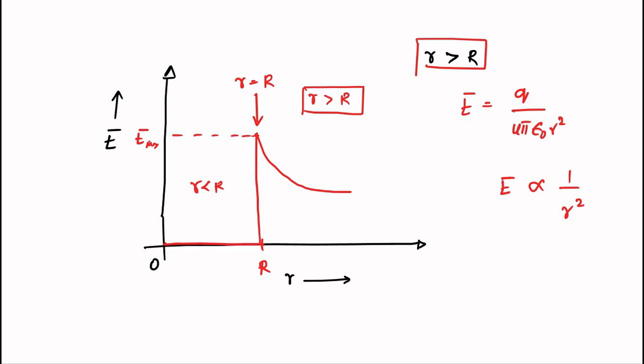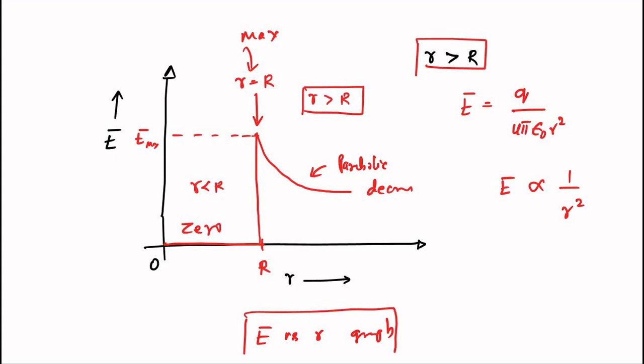So here there is a parabolic decrease, here it is maximum, here it is 0. This is the behavior of the E versus r graph. This is the discussion related to electric field intensity due to a uniformly charged spherical shell.